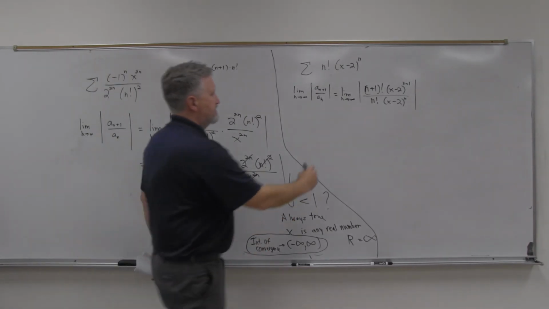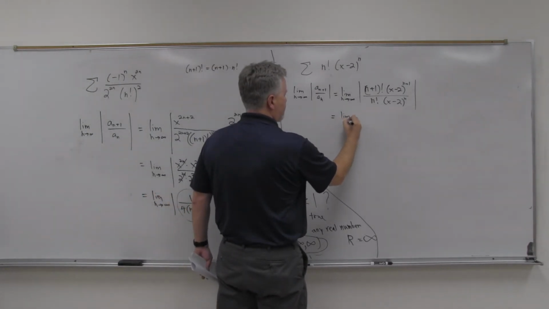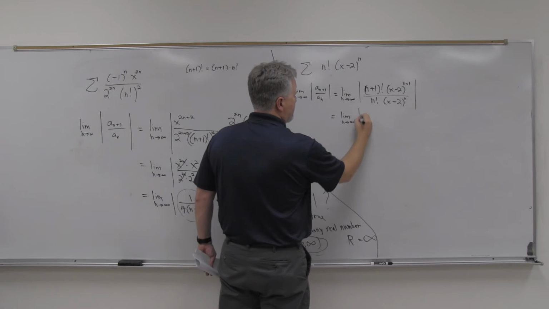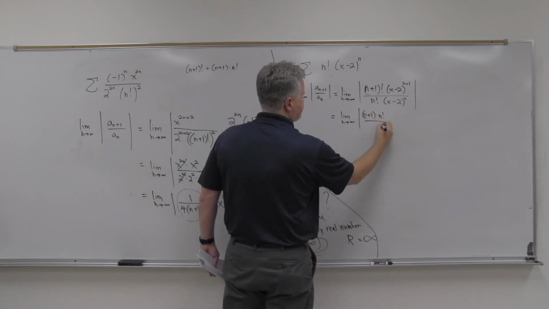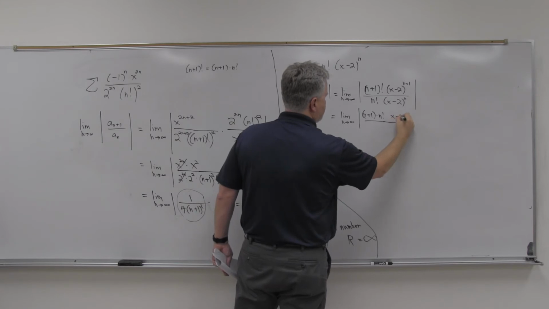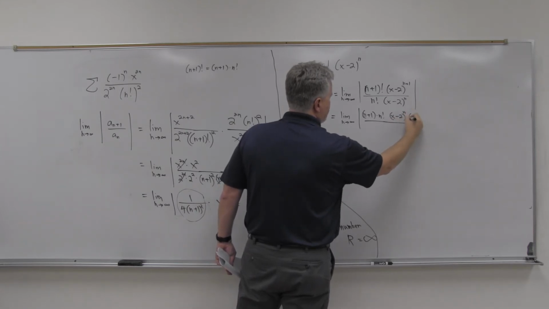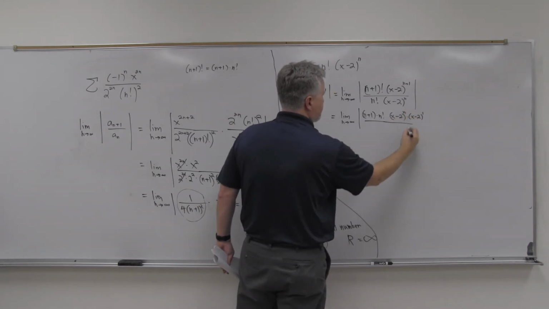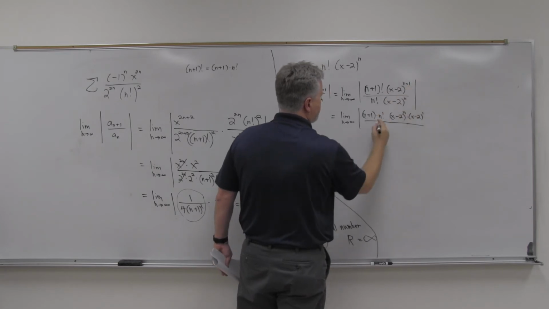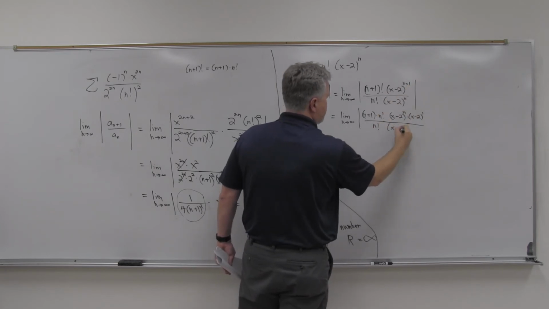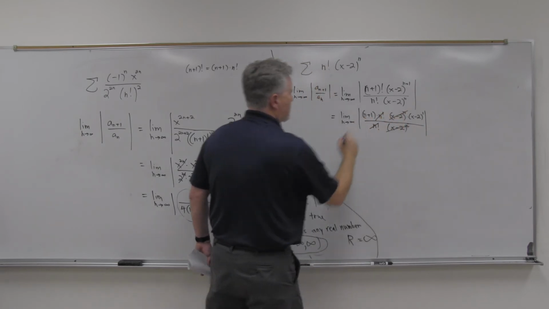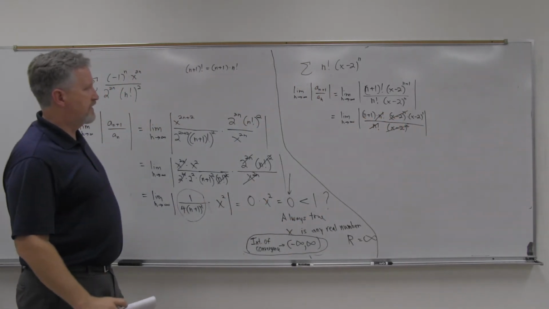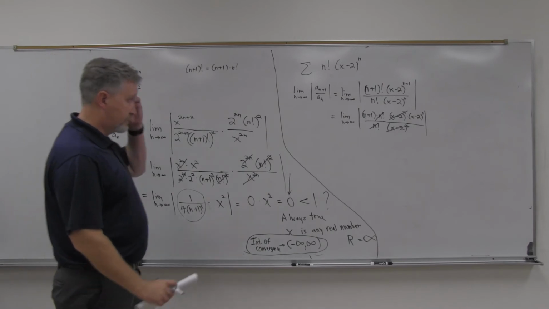Well, I think we can see some cancellation is going to happen there if we split some things out. N plus 1 factorial, again, is n plus 1 times n factorial. And then (x minus 2) to the n times (x minus 2) to the 1. Split that up, and then do some canceling. The (x minus 2) to the n's cancel, and n factorials cancel.